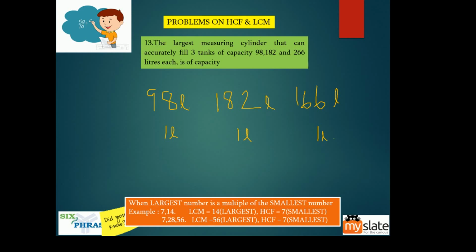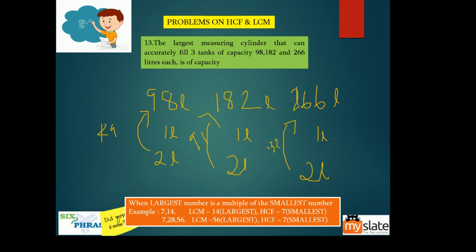If I use 2 liter cylinders, what will happen? Still I can accurately fill it. I can fill this, this, and this with 2 liter cylinders. But I'll need 49 2 liter cylinders, 91 2 liter cylinders. Oh, sorry, this is 266, so 133 2 liter cylinders.